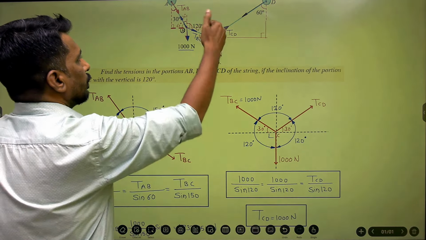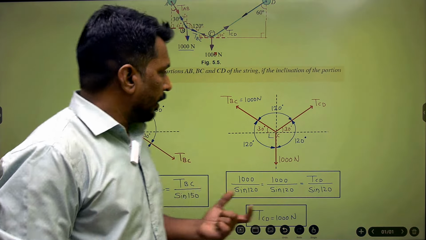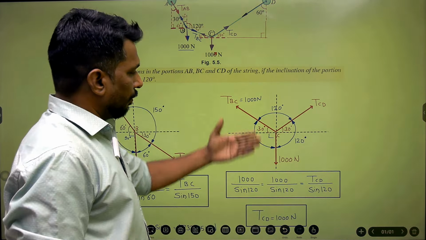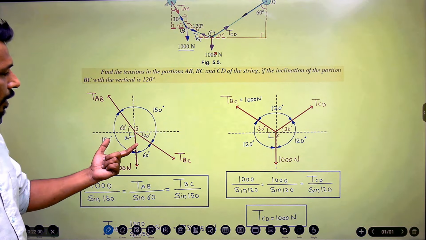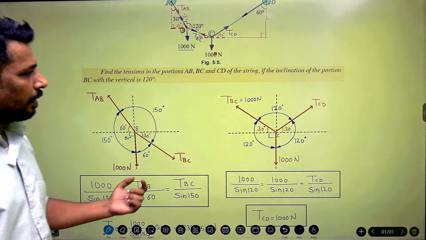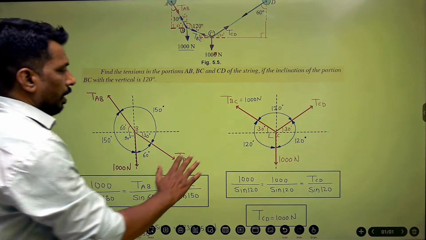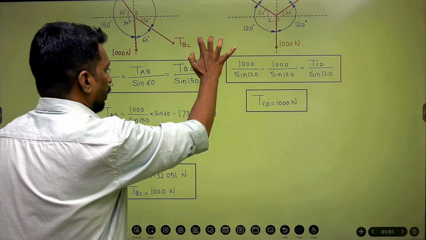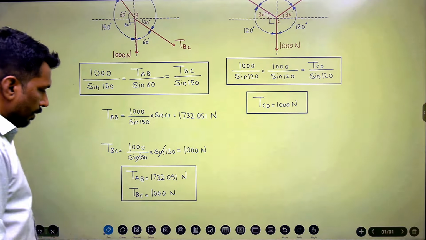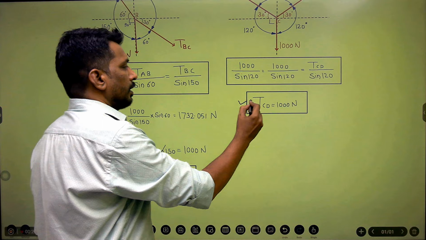After analyzing the forces at each point, we finalized point B and point C for further calculation. Then we calculated all the angles required for applying Lami's theorem at points B and C. After that we got these two equations, and solving them we got the final values of TAB, TBC and TCD.